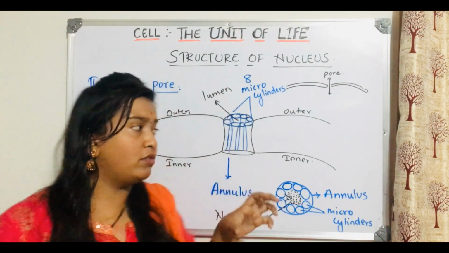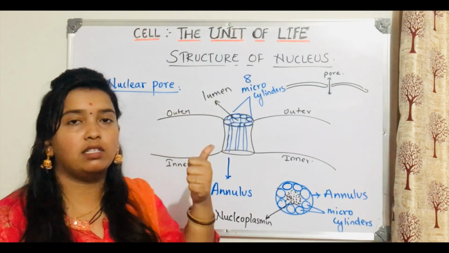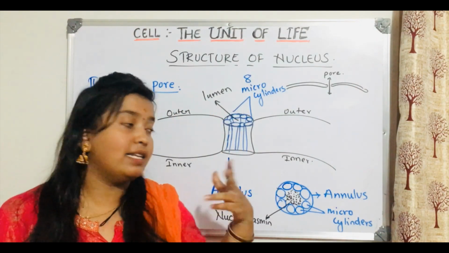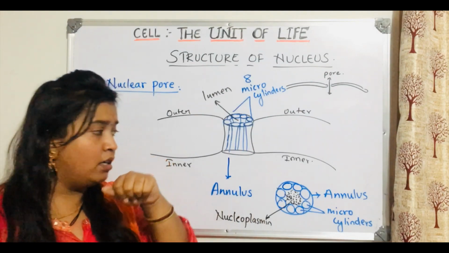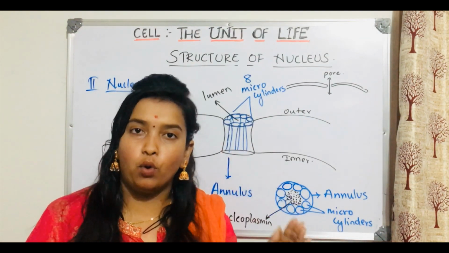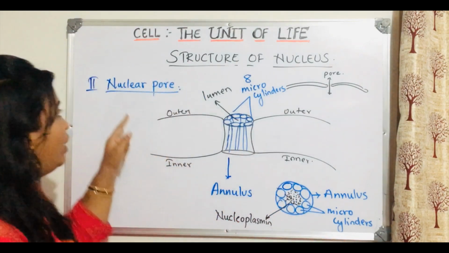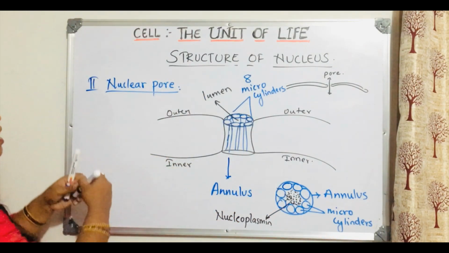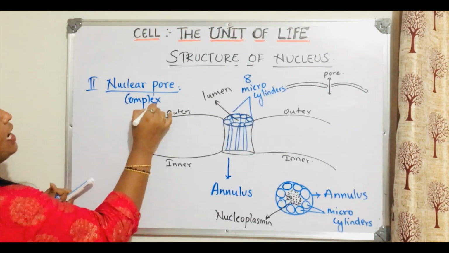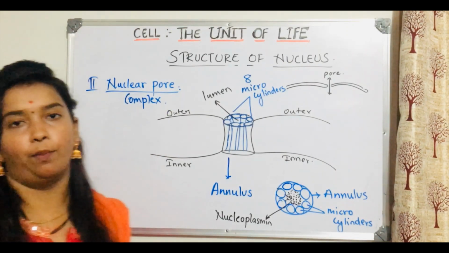So together, this annulus, the micro cylinders, the lumen and the nucleoplasmin are called the nuclear pore complex. So what we were doing? We were doing the nuclear pore complex.